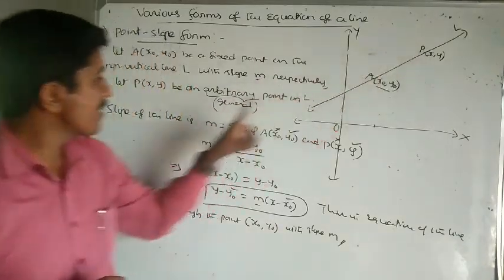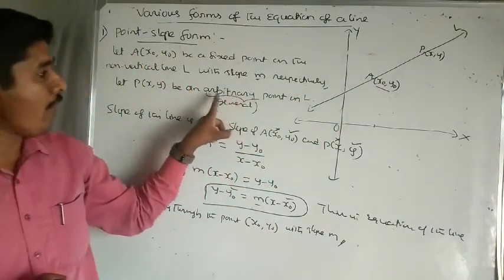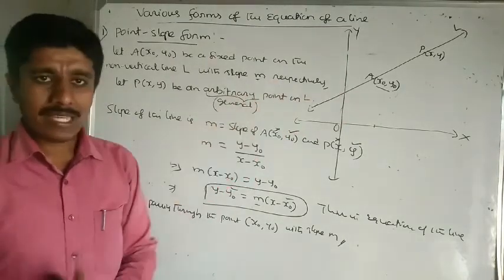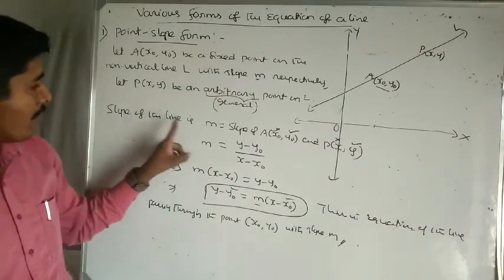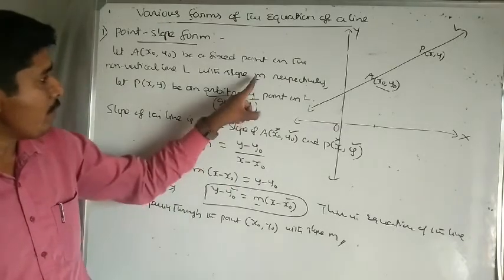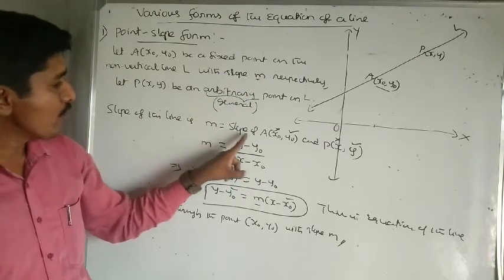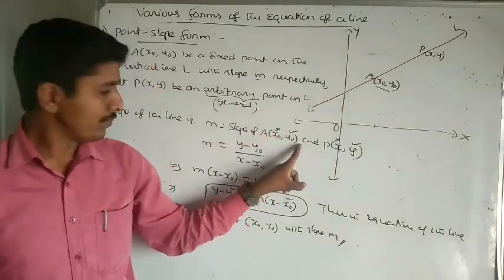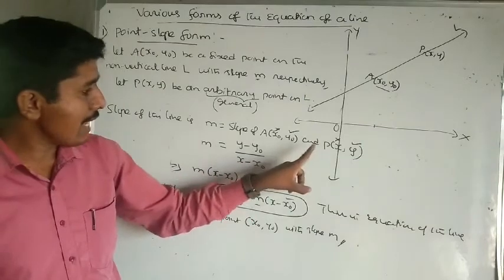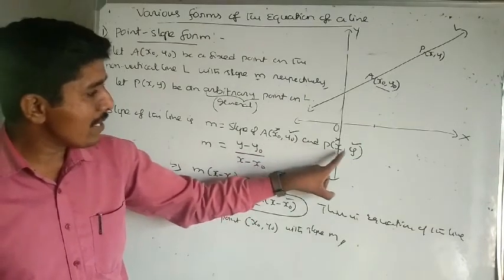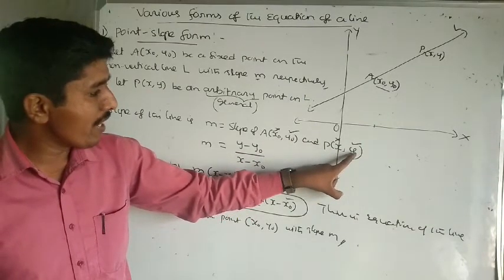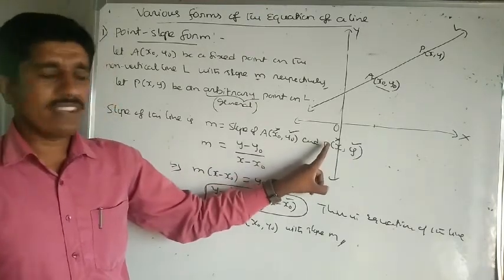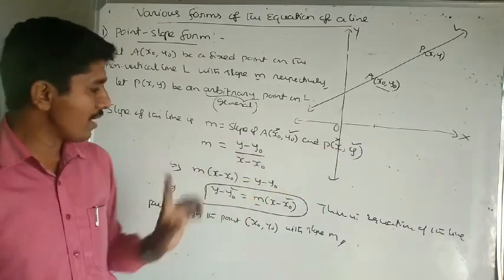Let P of x comma y be an arbitrary point on the non-vertical line L. The slope m equals the slope of A and P: the y coordinate difference y minus y naught divided by the x coordinate difference x minus x naught.